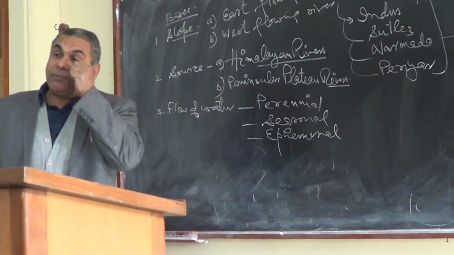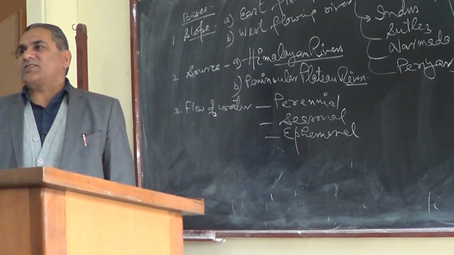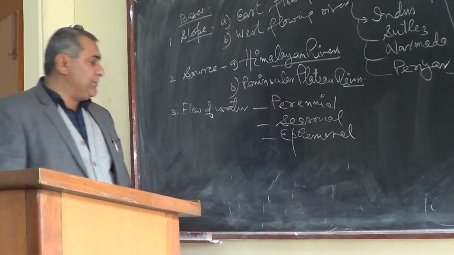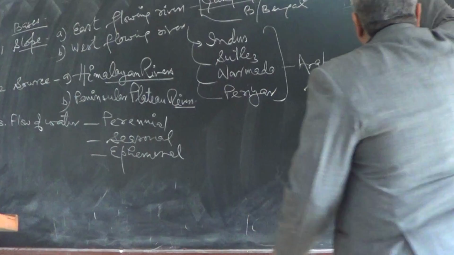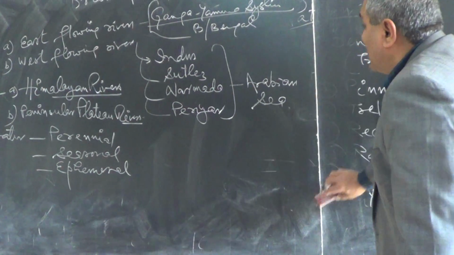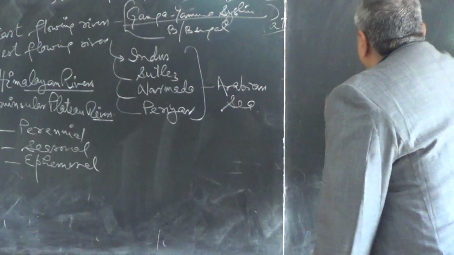With the help of the river regime, we can understand what type of drainage pattern is there, what type of drainage typology is there on the basis of the flow of water.